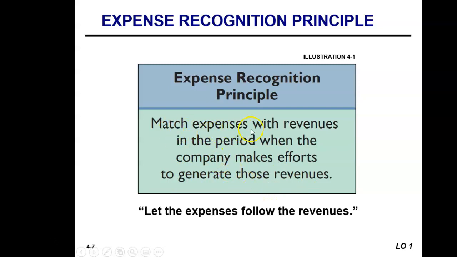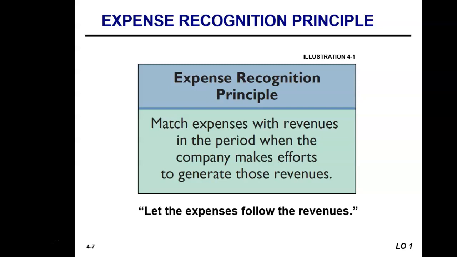Match expenses with revenues in the period when the company makes efforts to generate those revenues. Let the expenses follow the revenue. What does that mean? This is saying whatever expenses are incurred in order to earn revenue, record those expenses in the same accounting period.